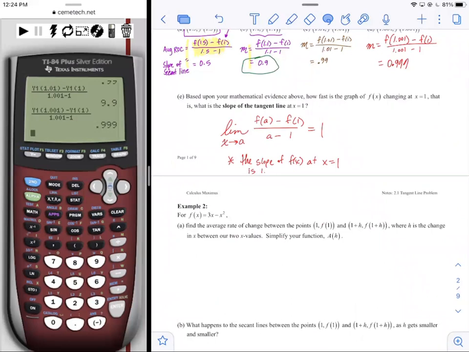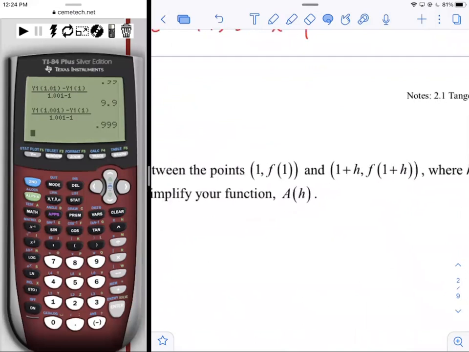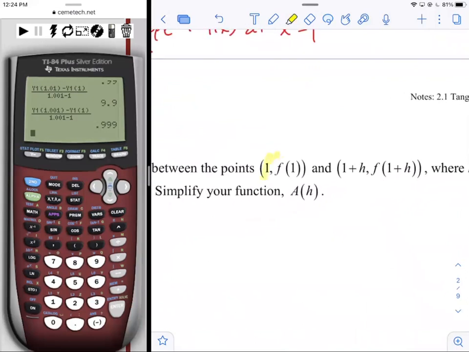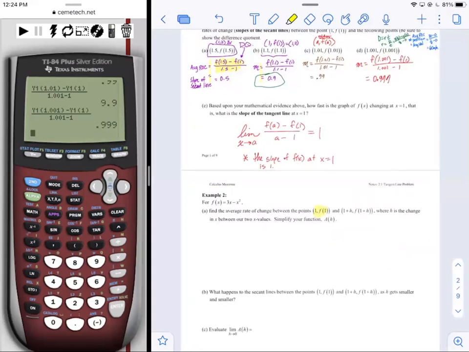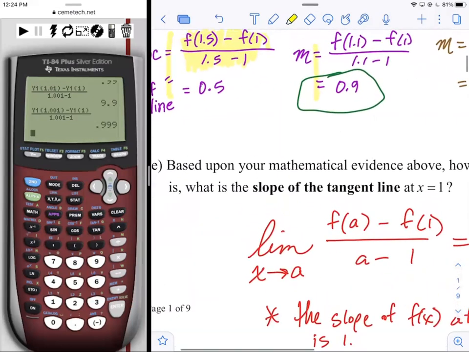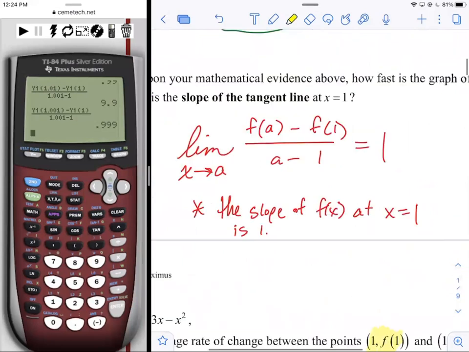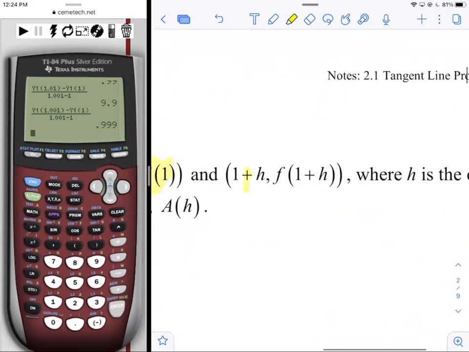All right. On example 2, it says, find the average rate of change now between the points 1, f of 1. That's the point we've been interested in. Well, look what we're going to do. Instead of choosing that other point up here and just calling it a, f of a, here's the genius in it. I'm going to define that second x value to be a certain distance h away from the one I want.